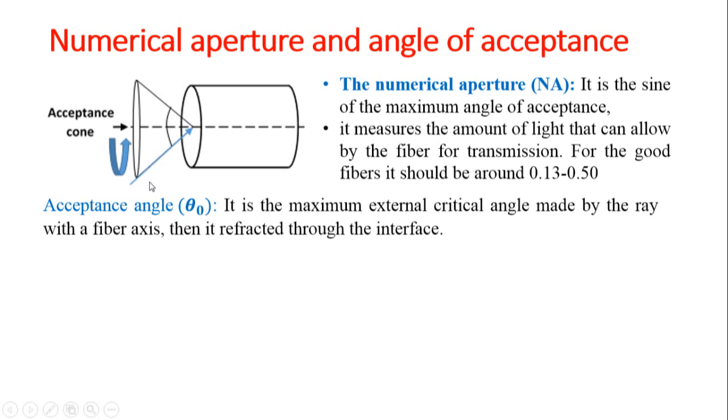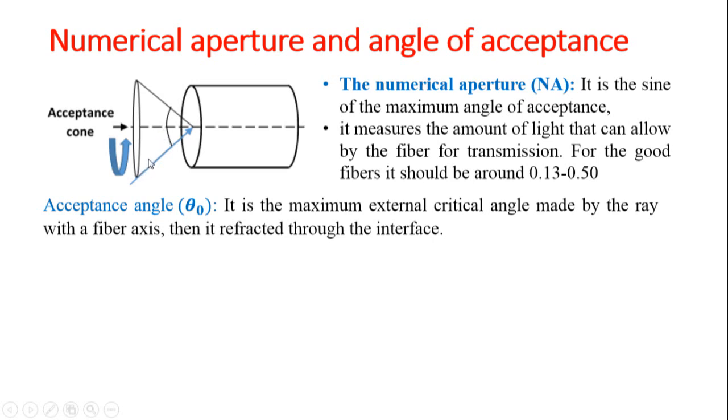If any ray enters at an angle greater than this angle, that ray simply escapes out of the fiber. This is the angle of incidence externally, with the fiber axis acting as the normal. This is the surrounding medium, and this is the denser medium. This angle of incidence is theta c.